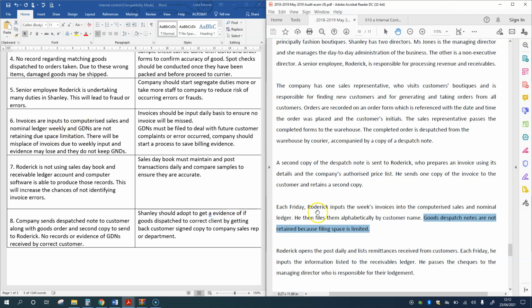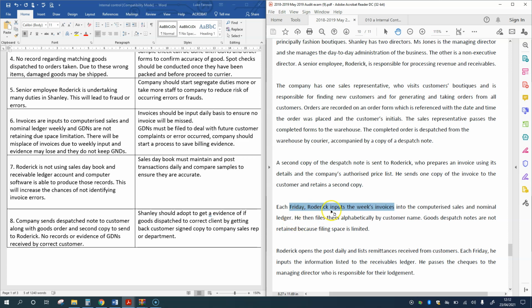So one of them is each Friday he does the invoices. So really the recommendation is he should be doing it daily, so the company has updated information more. And also there could be cut-off errors at year end, which is a big problem here. If he's doing the invoices weekly, it'll take 3 or 4 days for some sales to be recognized in the ledger.